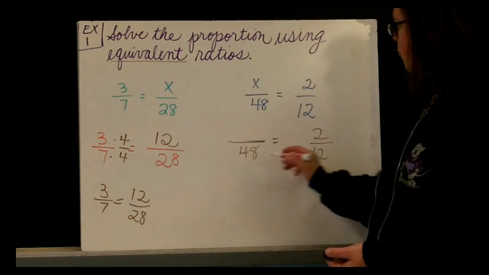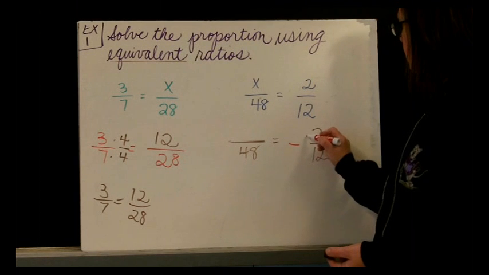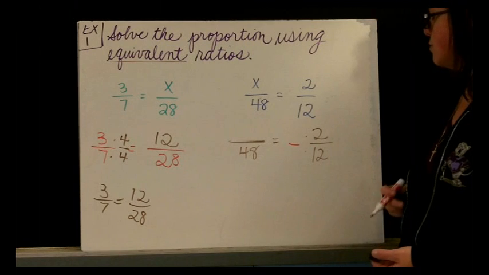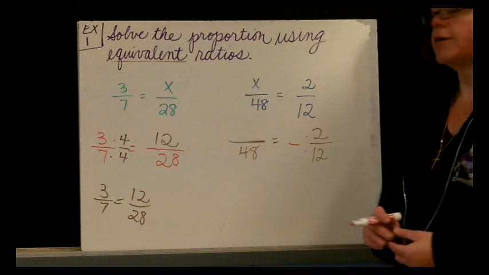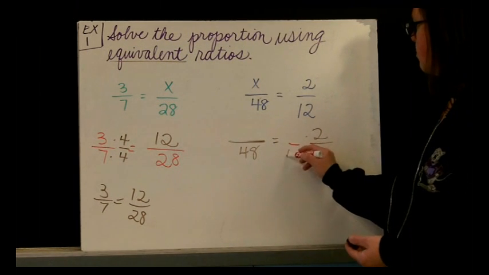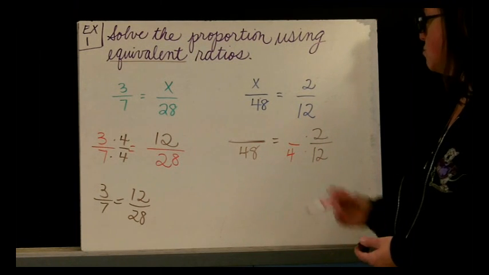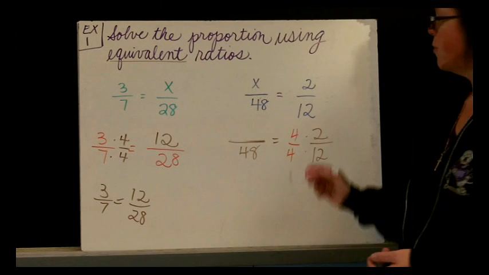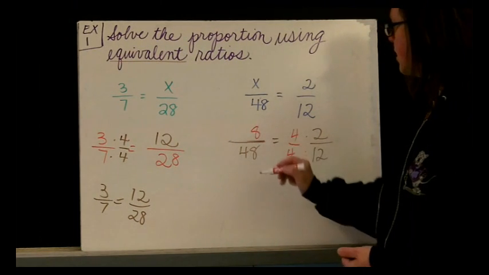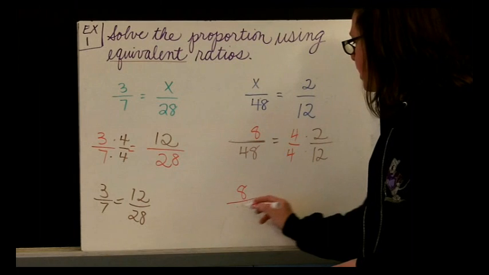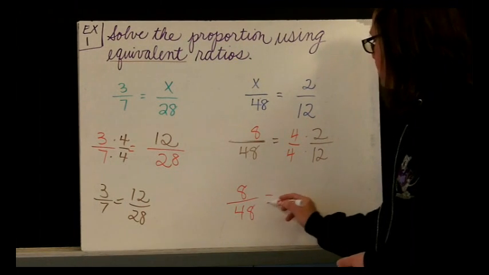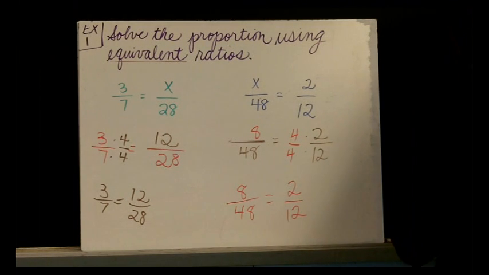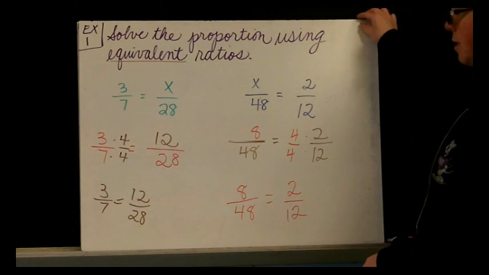To go from 12 to 48, we are increasing, so we're going to multiply 2/12 by a fractional form of 1. 12 times 4 equals 48, which means we're going to multiply the numerator also by 4. 2 times 4 is 8. So 8/48 is equivalent to 2/12. Here's our first example.